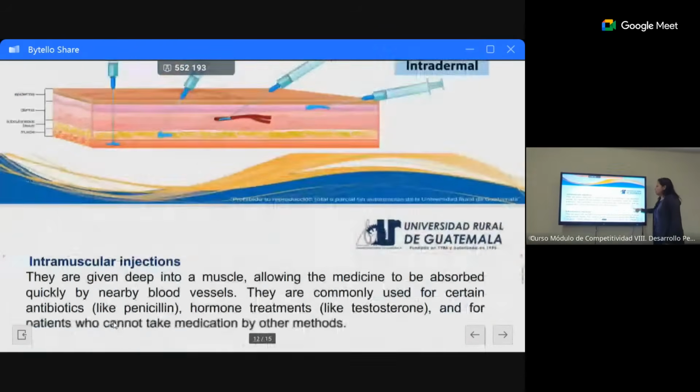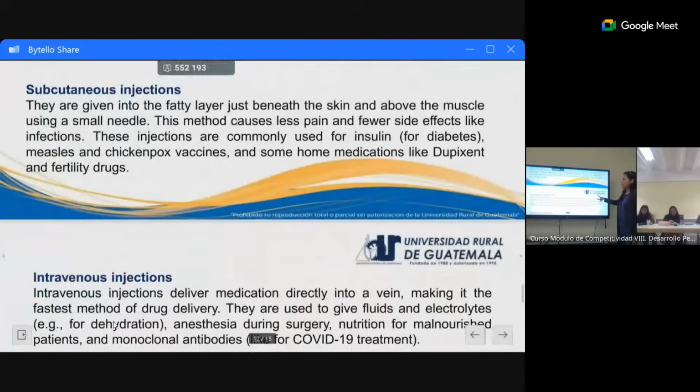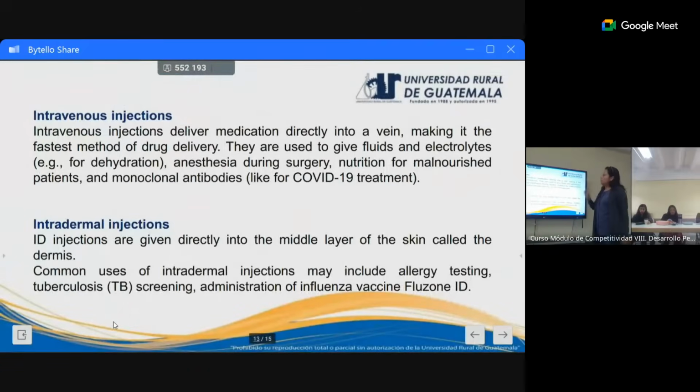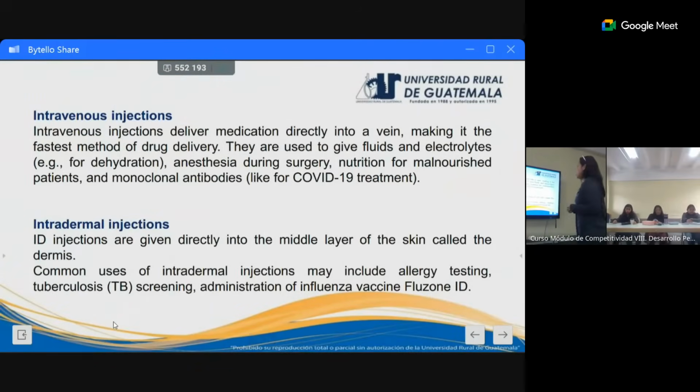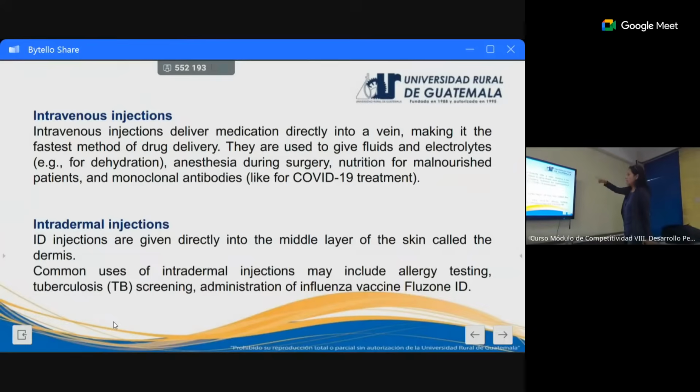Then, as its name says itself, we have the intravenous injection. Intravenous injections deliver medication directly into a vein, as you could see there with the layers, making it the fastest method of drug delivery.